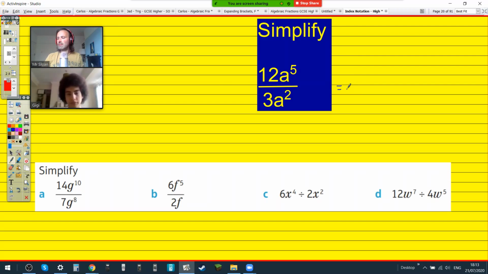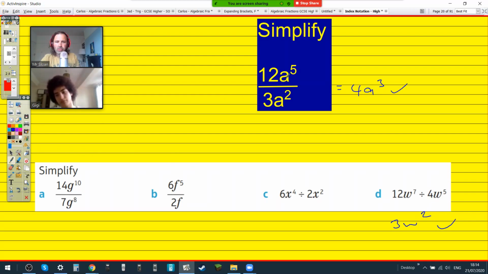Okay, let's try this one. 4a to the power of 3. And let's just try one dividing. Let's try question D. 3w to the power of 2.